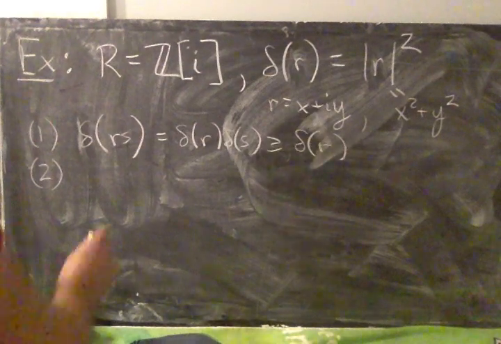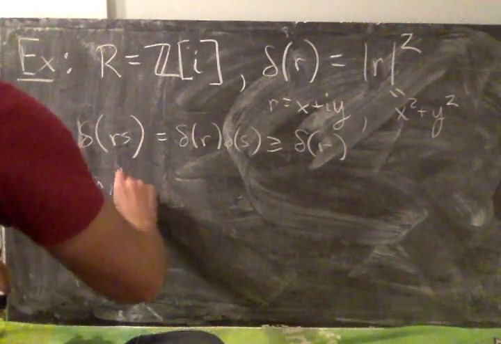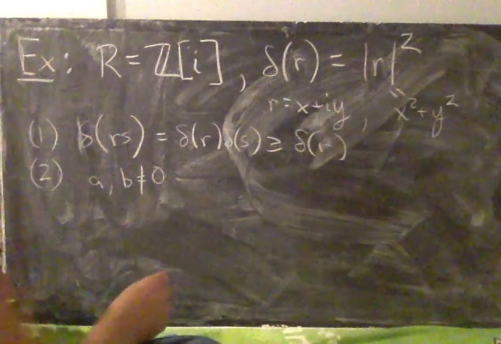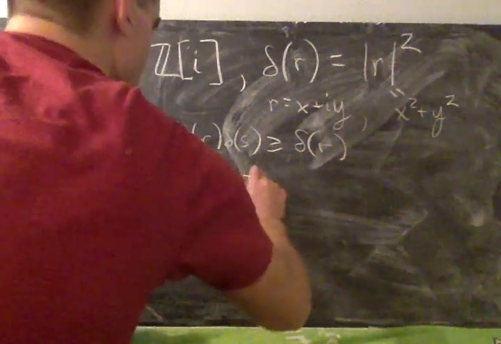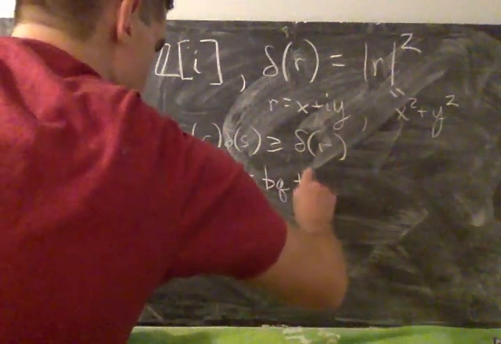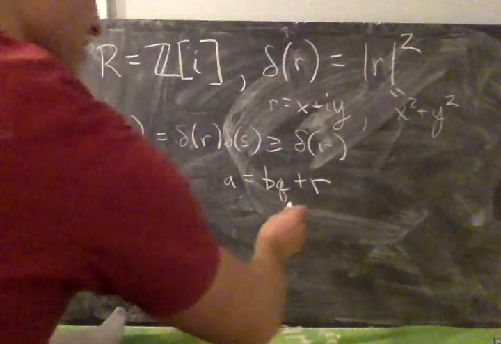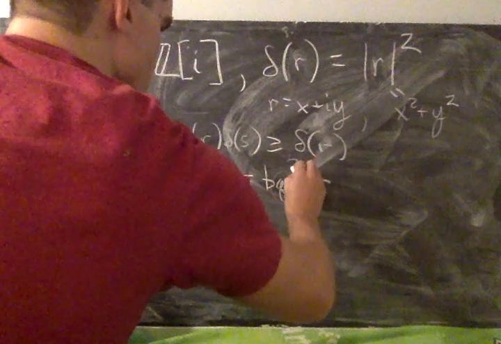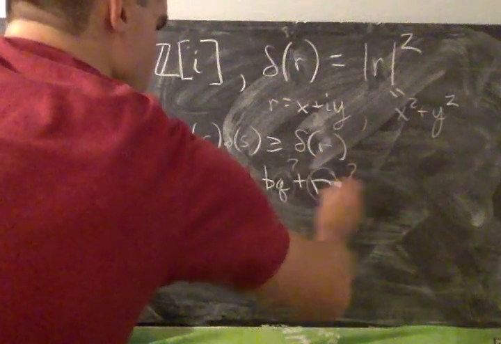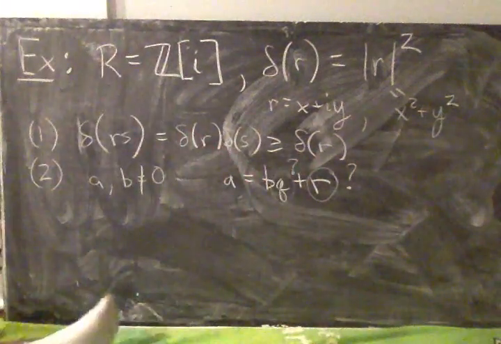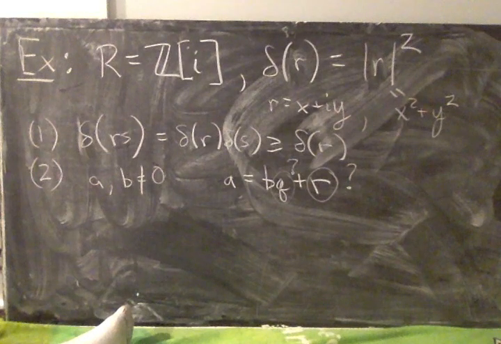Then we have to look at the second property. If we're given A and B not equal to 0, what we want is to write A equal to B times Q plus R. So we have to figure out what Q and what R are. We need some way of constructing them.